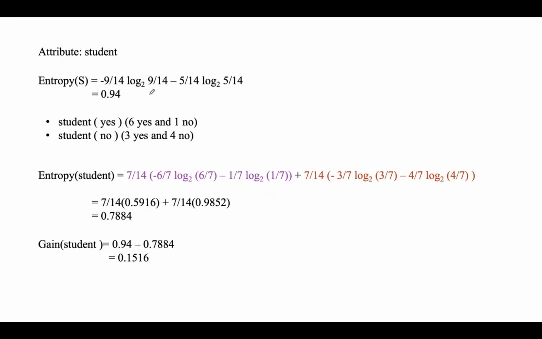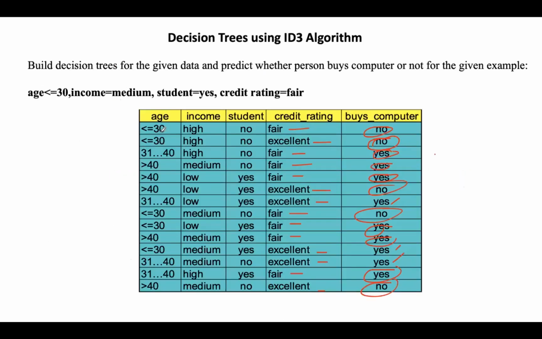The fourth attribute is student. Find the student categories. For student, we have no and yes, only 2. Let us take no's first: 7 no's.